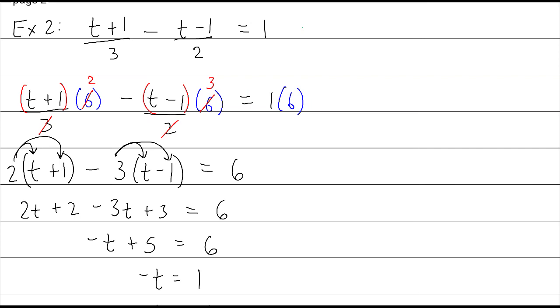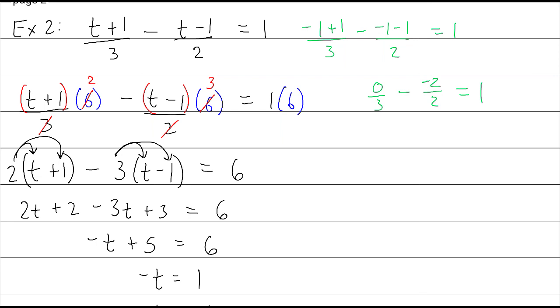So negative 1 plus 1 over 3 minus negative 1 minus 1 over 2 equals 1. Okay, well, negative 1 plus 1 is 0, so it's 0 over 3. Negative 1 minus 1 is negative 2, so it's minus negative 2 over 2 equals 1.